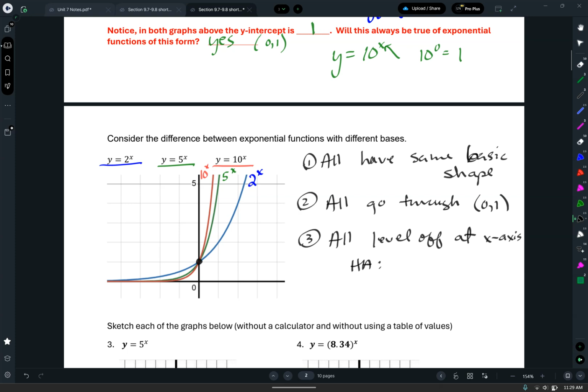Well, remember, if it's a horizontal line, it's y equals, and on the x-axis, I think we can agree y equals 0. So the basic parent function has a horizontal asymptote right there at y equals 0. I'm going to draw in the asymptote. Here's the horizontal asymptote where all of those graphs level off.